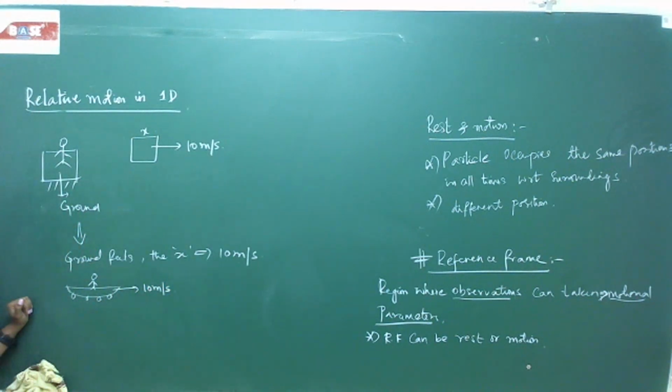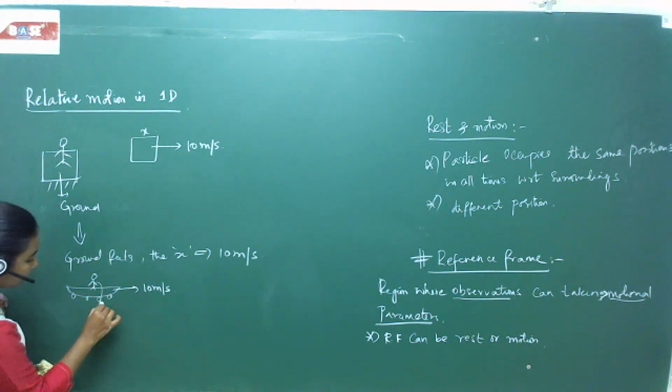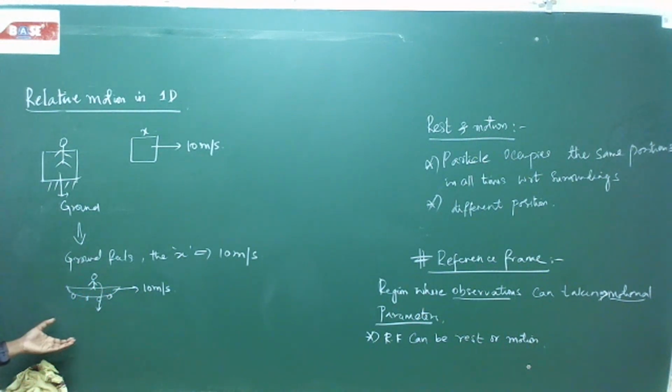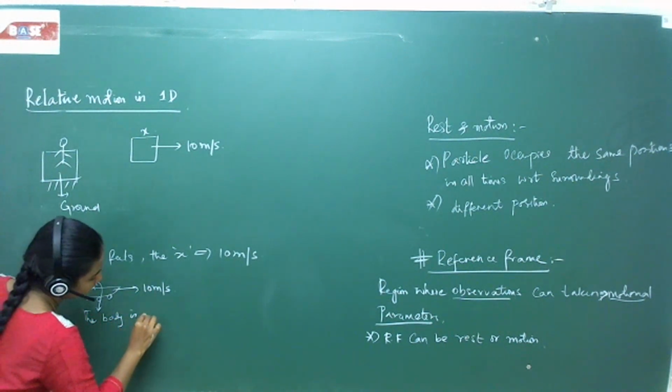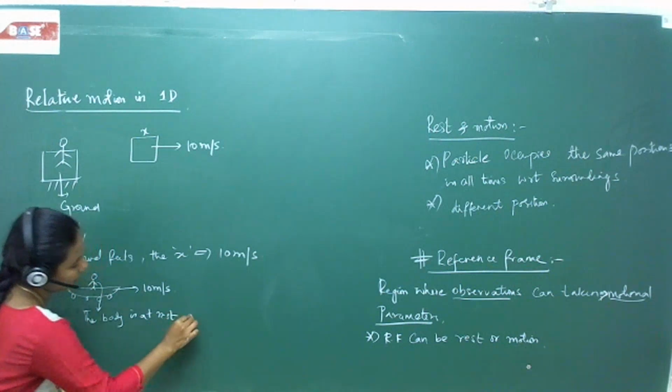Now, if you want to measure the velocity with respect to this person who is standing on the trolley, that person feels that the body is at rest.